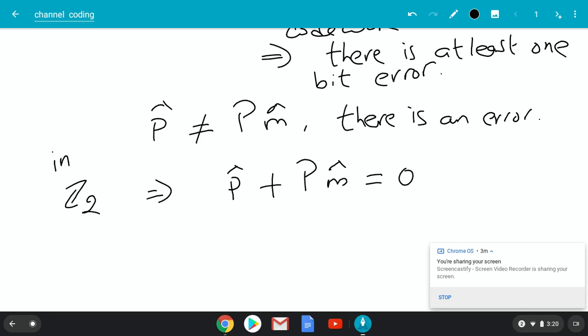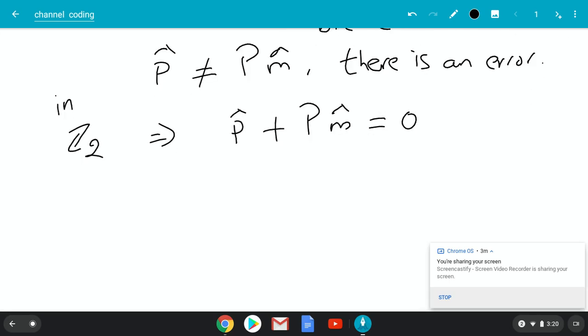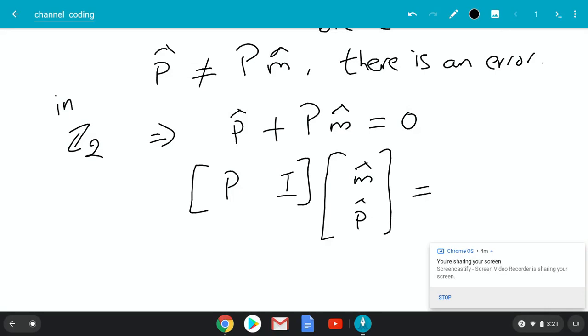If you want to convert this into matrix form, you can say P and identity matrix times your M hat and P hat is equal to 0, right? So if this is not equal to 0, there is an error.